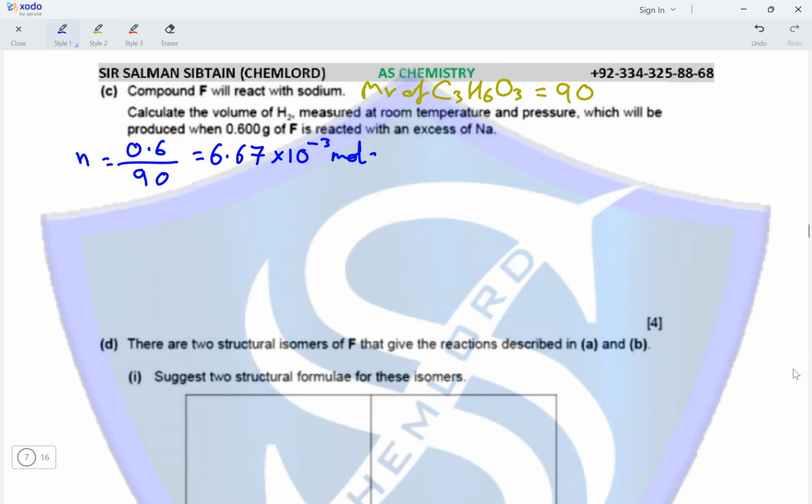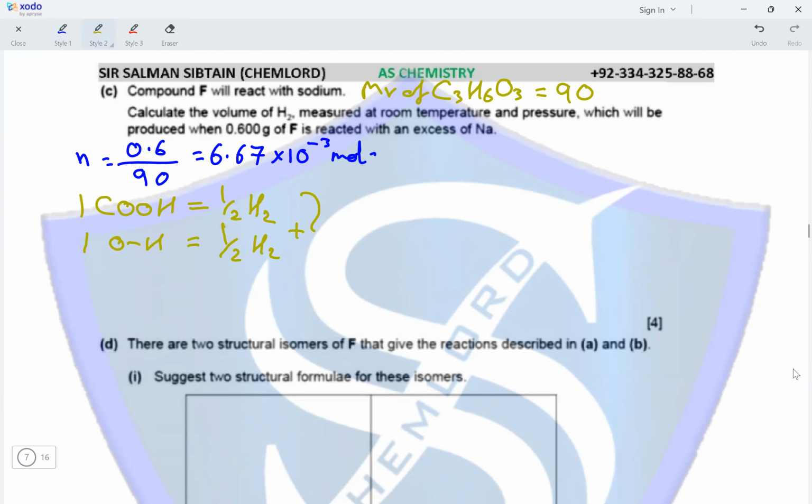So now we have the moles of F that reacts with an excess of Na. Now to find out the moles of hydrogen that is liberated. We've got one COOH group which would react producing half a mole of hydrogen, and we have one OH group which would react producing half a mole of hydrogen.